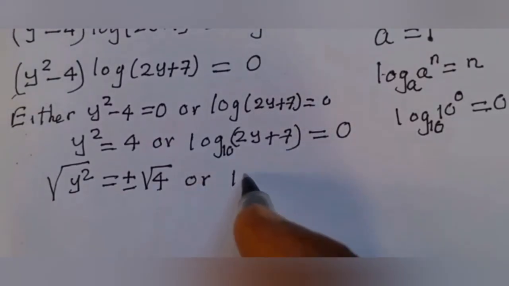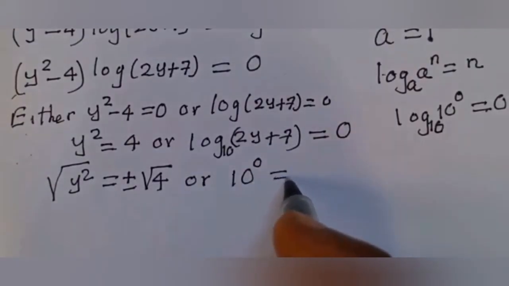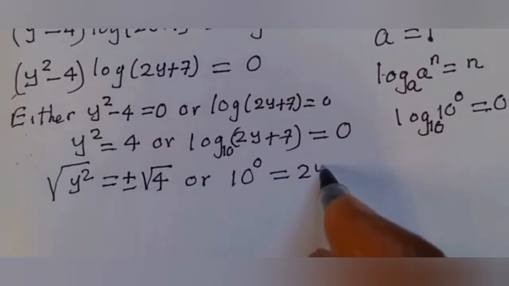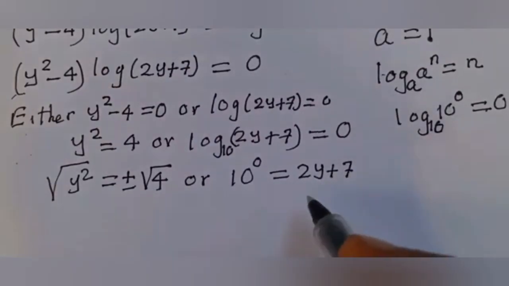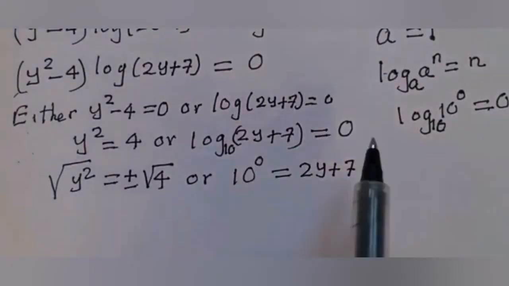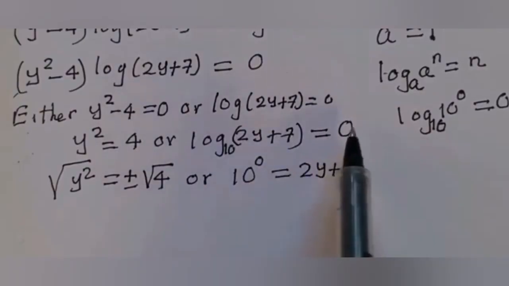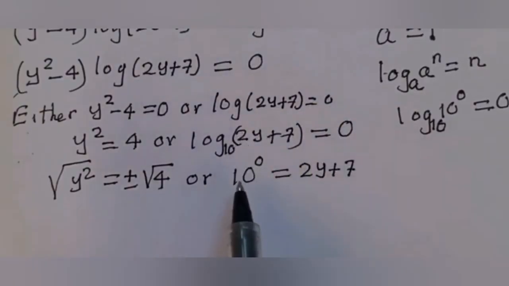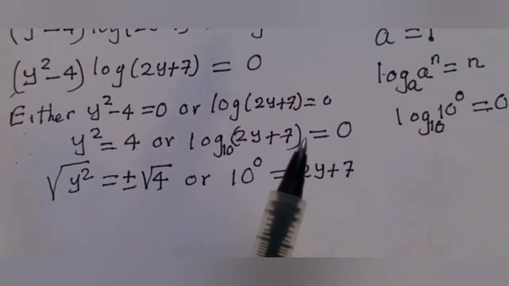We have 10 power 0 equals 2y plus 7. Actually, expressing the logarithmic equation in exponential form, this one drops and this 0 rises. That's why we have 10 power 0 equals 2y plus 7.